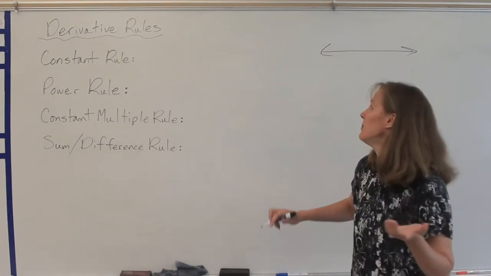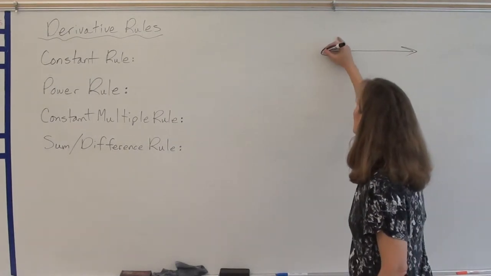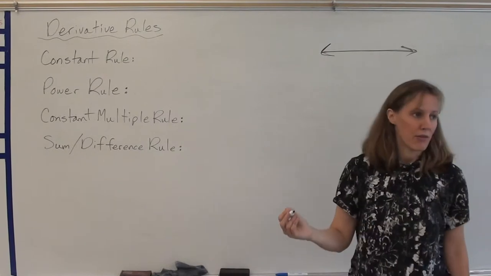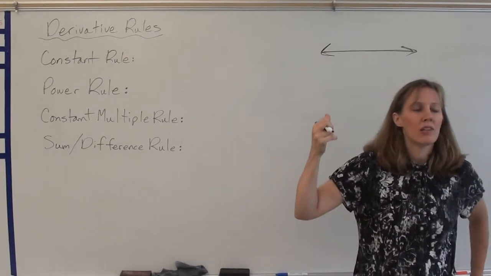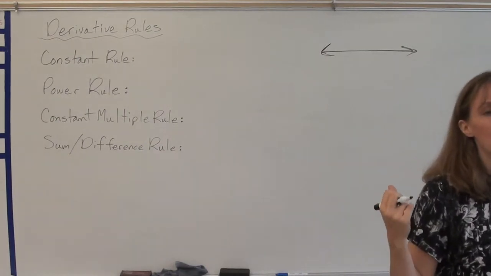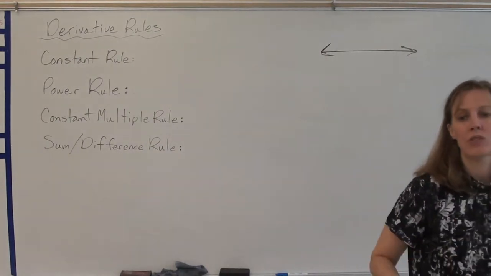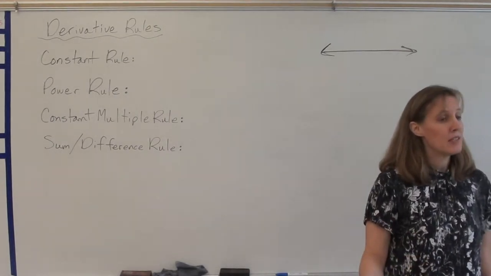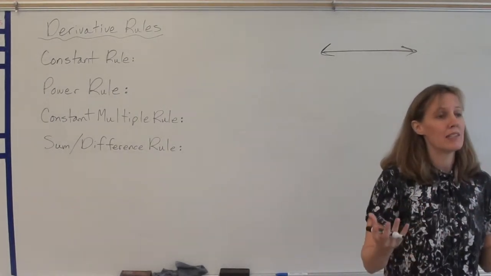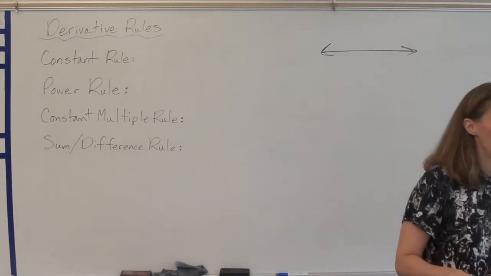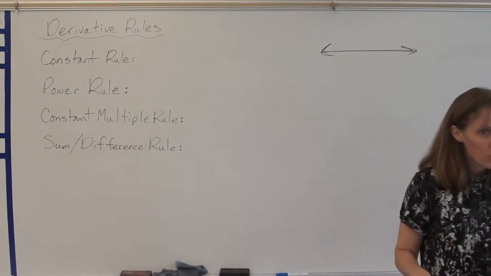Whenever you have a linear function, the tangent line is the same as the line itself. So the line tangent to a horizontal line is the horizontal line. What is the slope anywhere on this function? 0. So whenever you have a constant function, the slope, no matter what, is always 0.